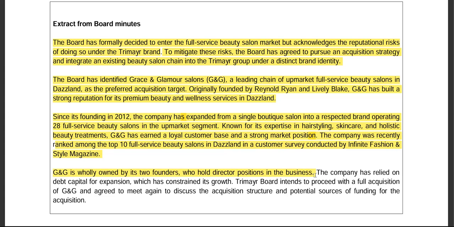The company has relied on debt capital for expansion. Well, that's pretty obvious because the company is owned by two founders, which means the equity has come only from two shareholders, which has constrained its growth. Okay, so there is something which is favorable for us.